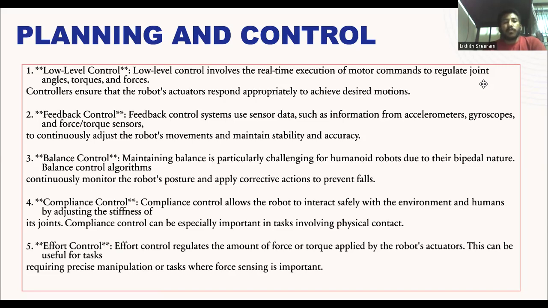Feedback control systems use sensor data such as information from accelerometers and gyroscopes to continuously adjust the robot's movements and maintain stability and accuracy.